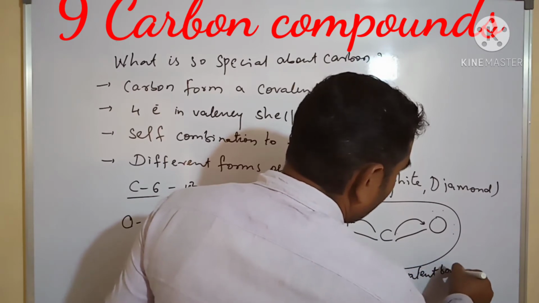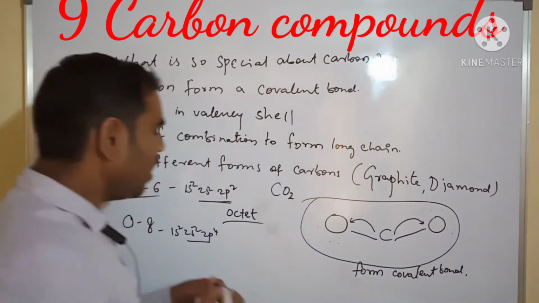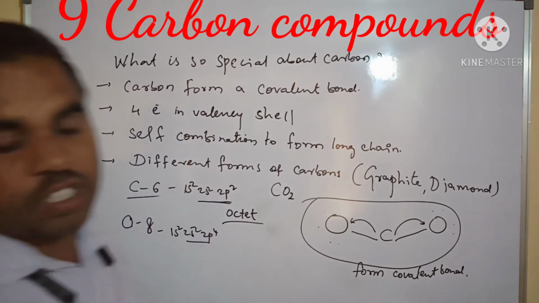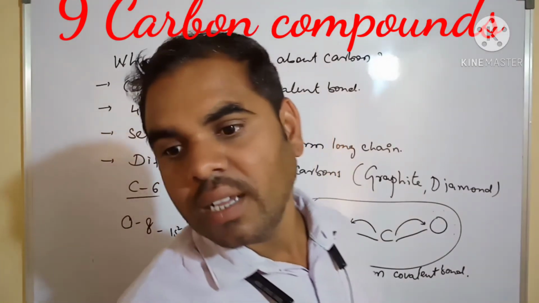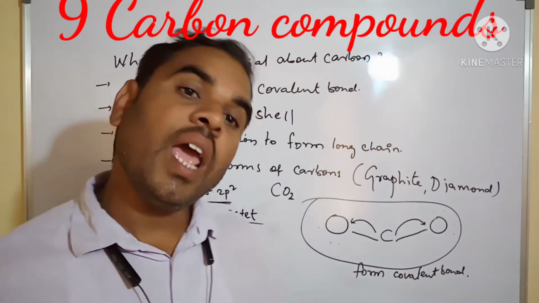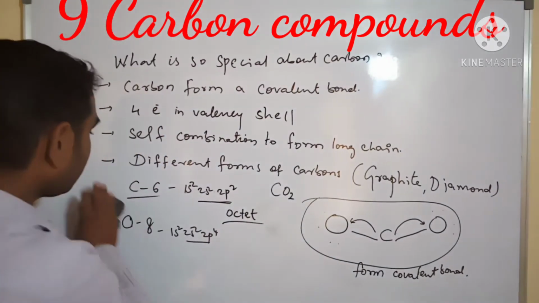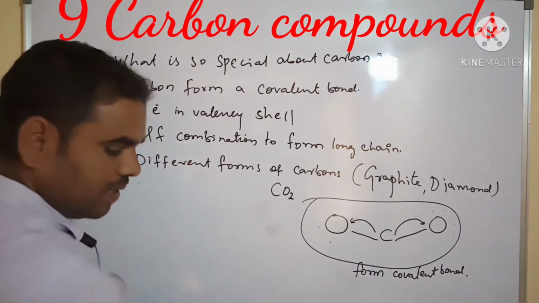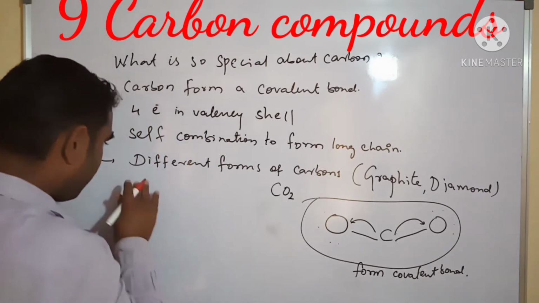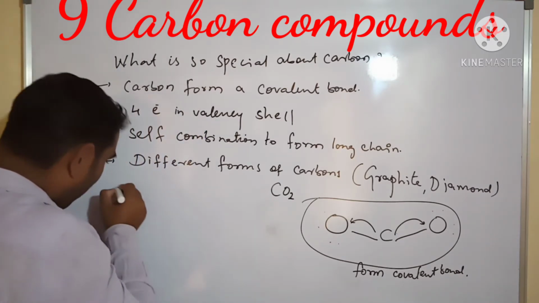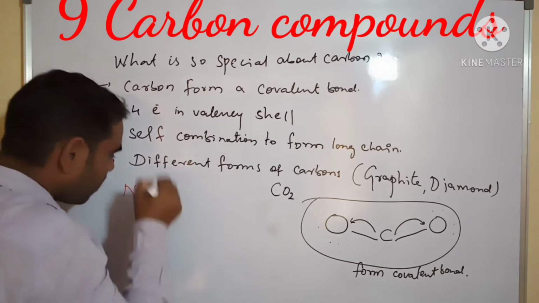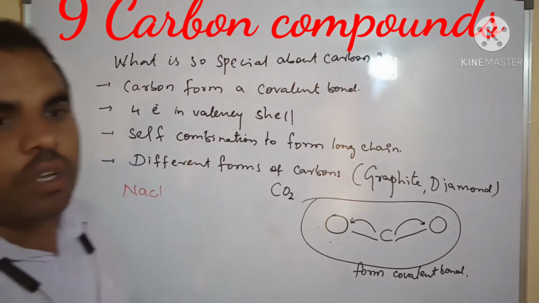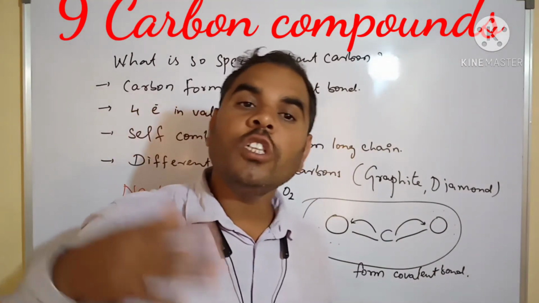You already learned the ionic bond also. What is an ionic bond? For example, take sodium chloride. Sodium and chlorine both are unstable.